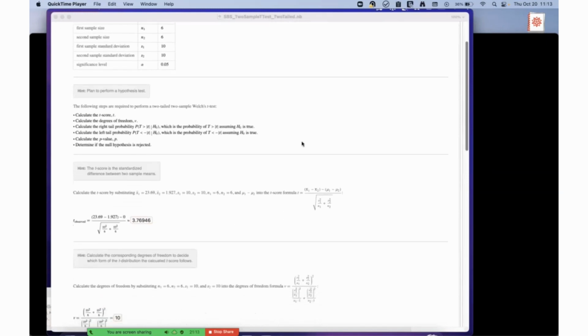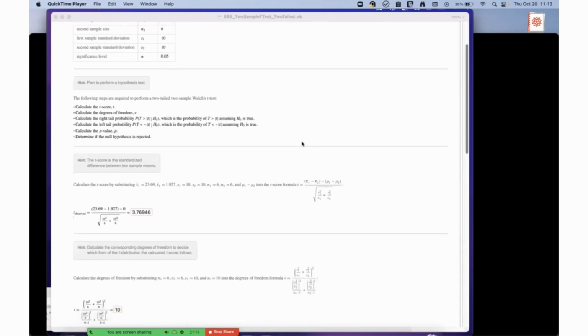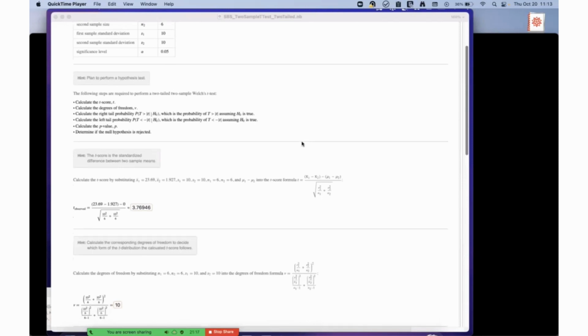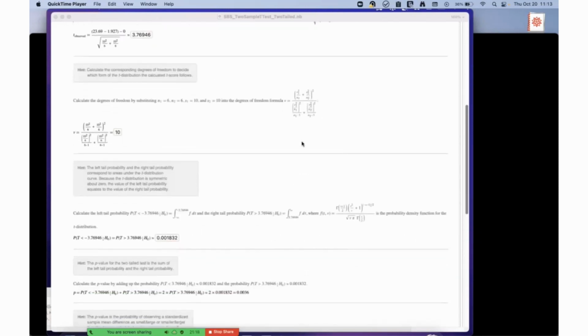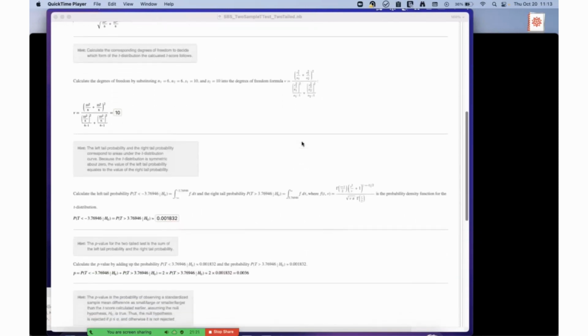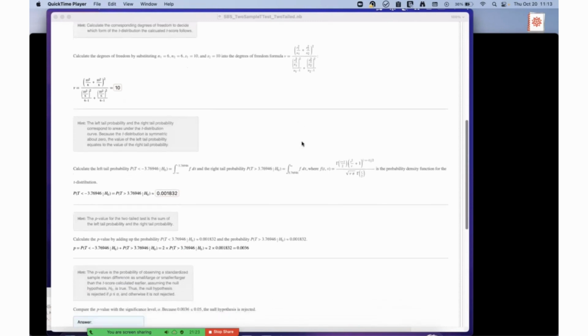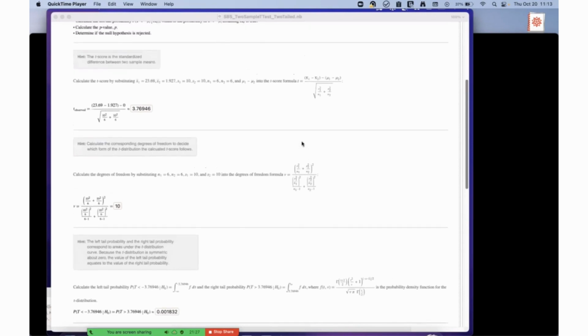The next few steps contain instructions on how to calculate the t-score, the degrees of freedom, the tail probabilities, and the p-value of the test. For each of these steps, there is a hint that discusses the significance of the step and an explanation on how a value is derived by using the appropriate formula and performing the calculation.